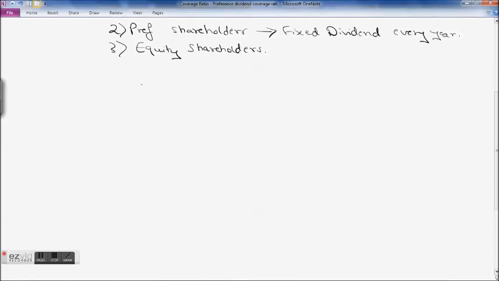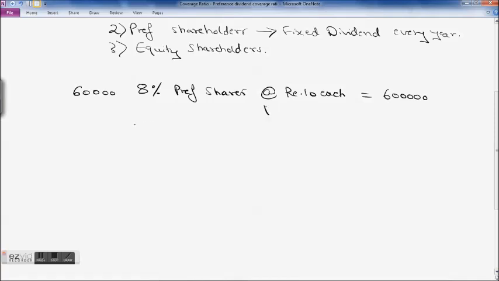For example, you may have 8% preference shares. Say you have 60,000 8% preference shares at rupees 10 each. So your share capital is how much? 6 lakh.